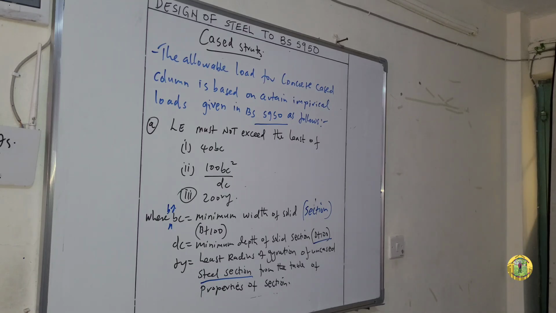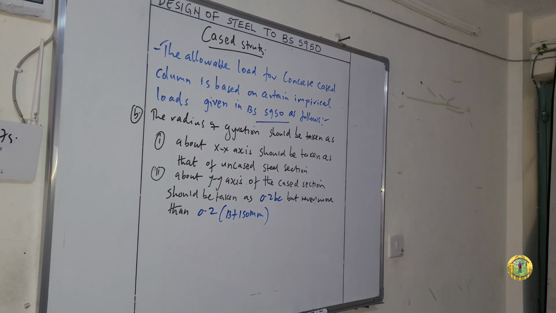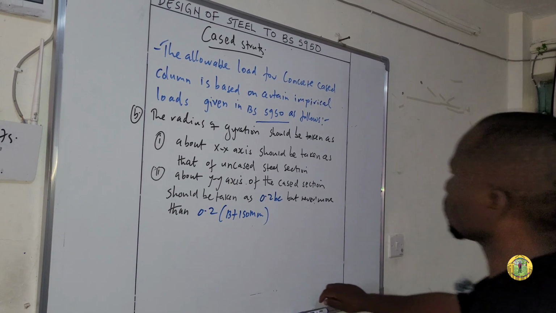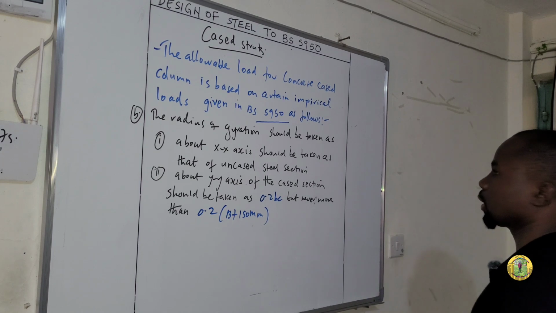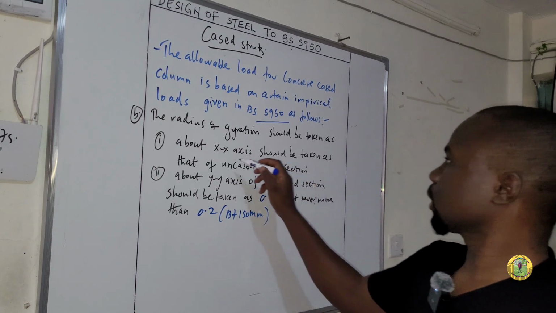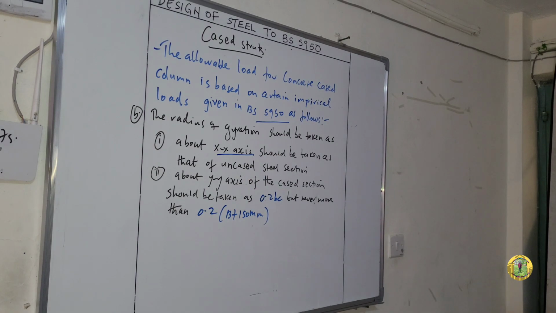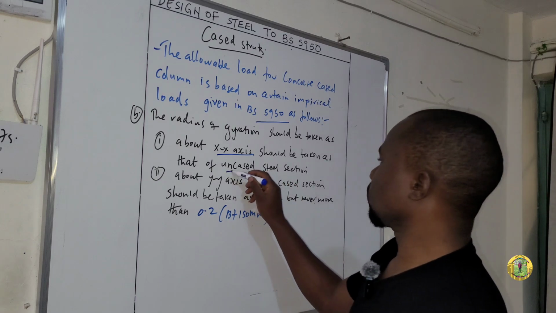Let's now go to B. So we are done with A. So we have number B. The radius of gyration about x-axis should be taken as that of uncased steel section. So no formula for this.